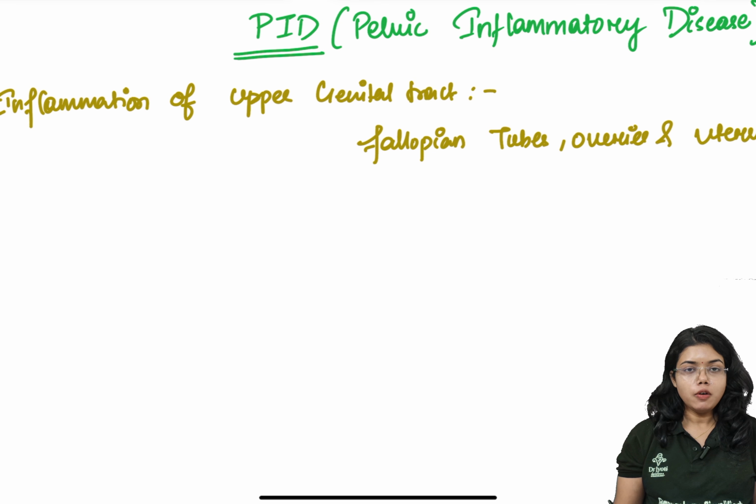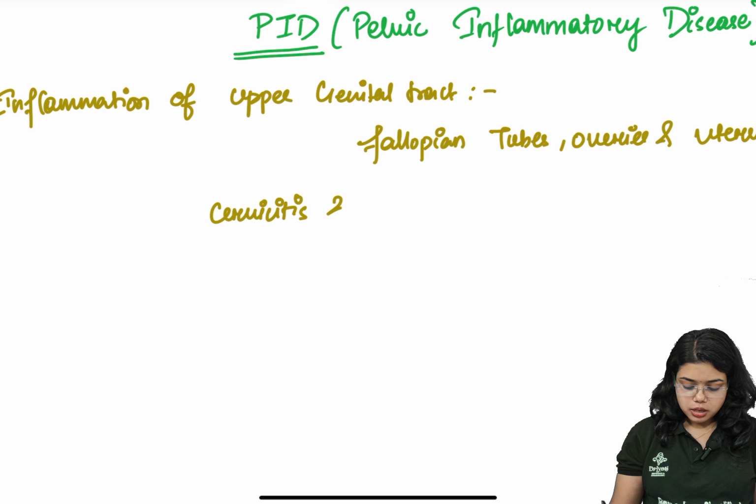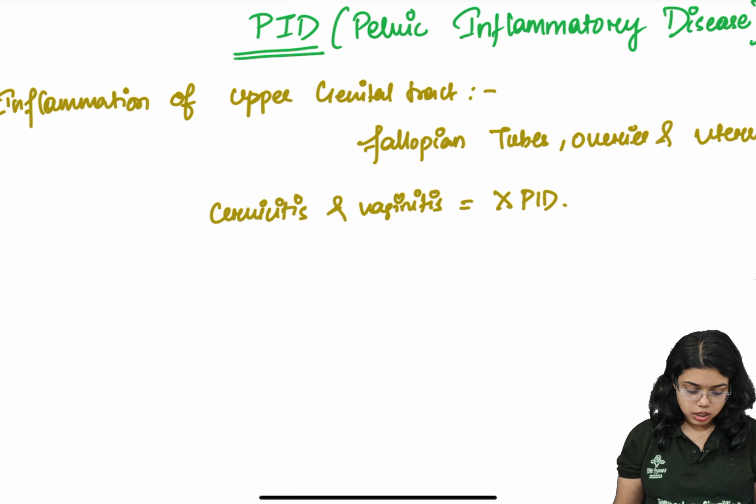Cervix may be involved, but cervicitis and vaginitis are lower genital tract infections or infections of the external genitalia. So we can also write cervicitis and vaginitis are not involved in PID. This term is not PID. Okay, that is the infection of the external genitalia.